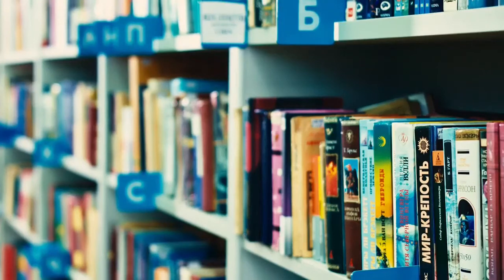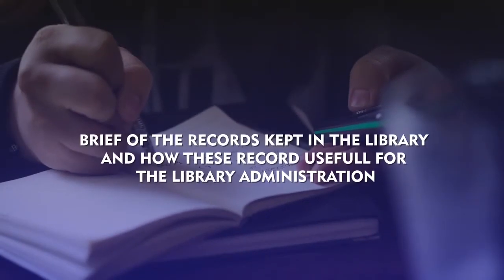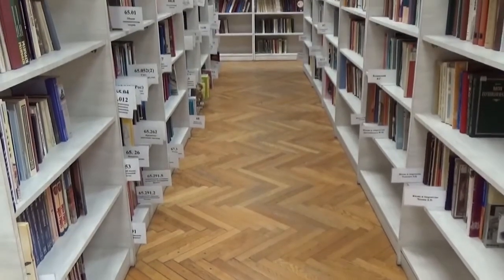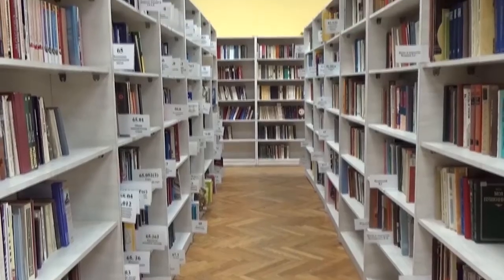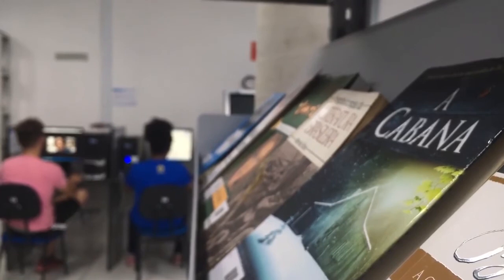This course also gives you brief information about the records kept in the libraries and how these records are useful for the library administration. And this course also gives an insight into document selection and acquisition related things as well as physical processing done in the libraries.